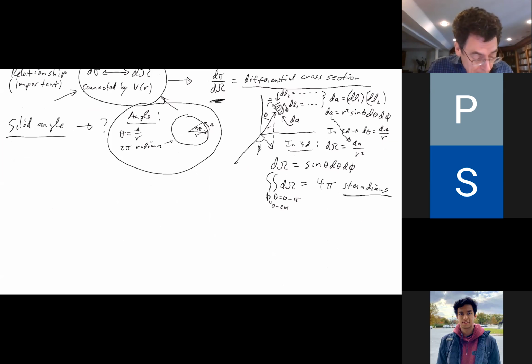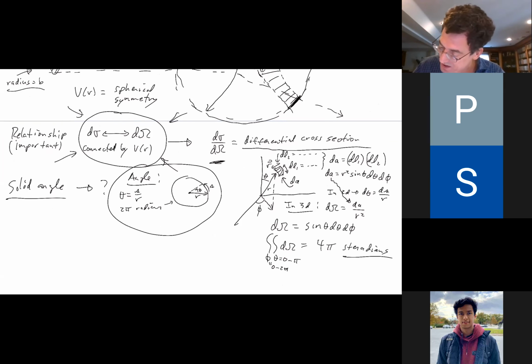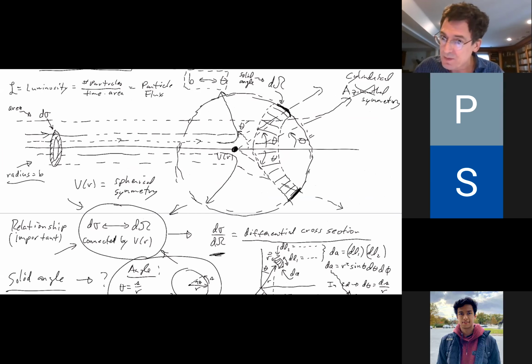I'm sorry for doing all that, but I think it's useful, because now I want to go back to this picture. I want you to understand that we have this connection between area and solid angle. So I want you to visualize the particles that are scattering into this solid angle. I will circle it here.